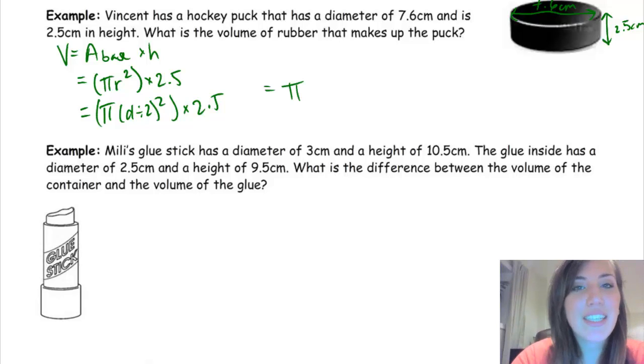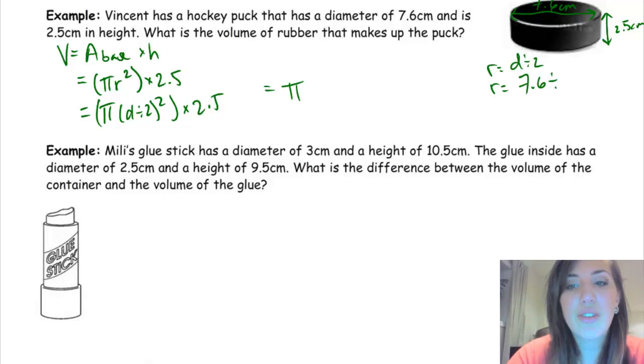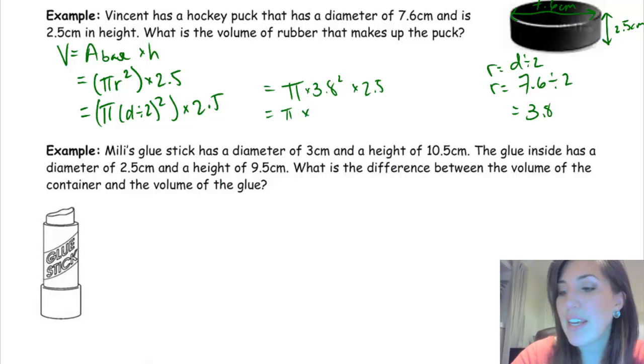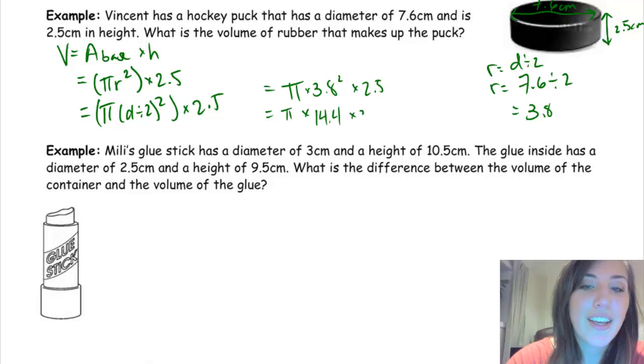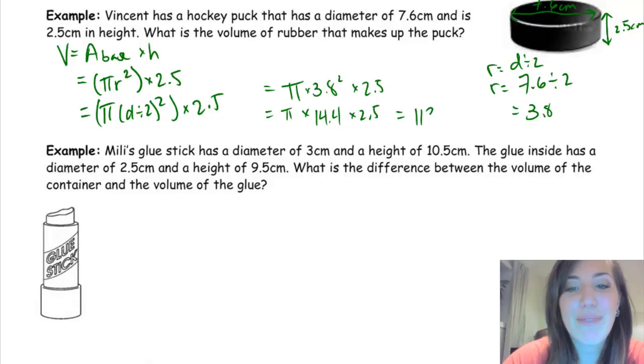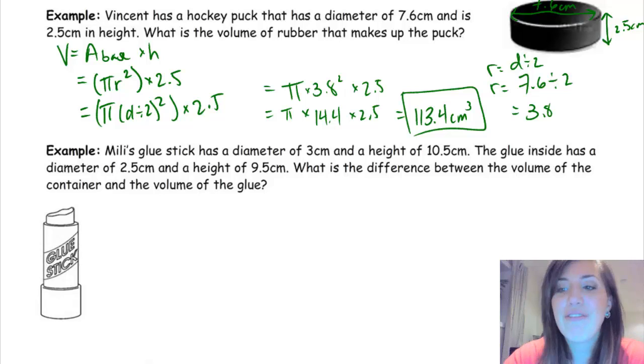Pi times d divided by 2, so with 7.6, r equals d divided by 2. 7.6 divided by 2 is the same as 3.8. So pi times 3.8 squared times 2.5. This is pi times 3.8 squared, which is 14.4, times 2.5, and this gives us a grand total of 113.4 centimeters cubed. So that is the volume of all the rubber involved.